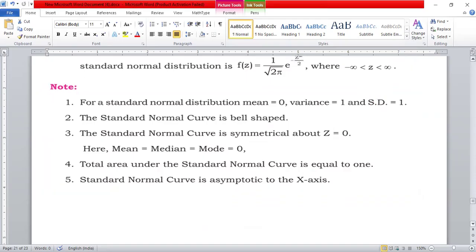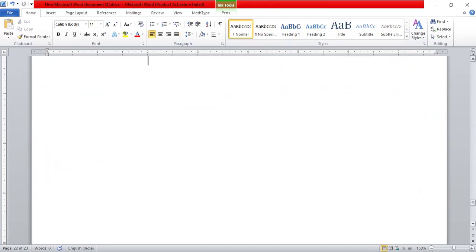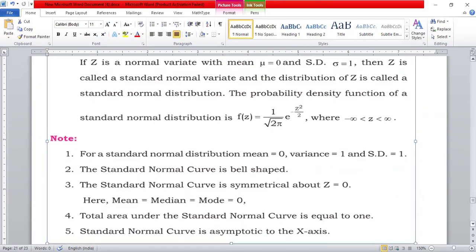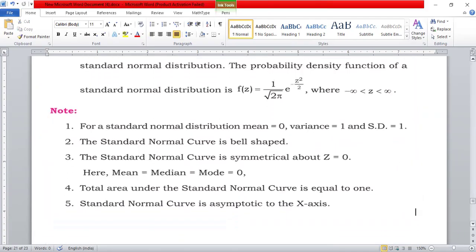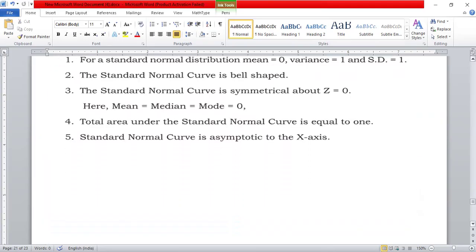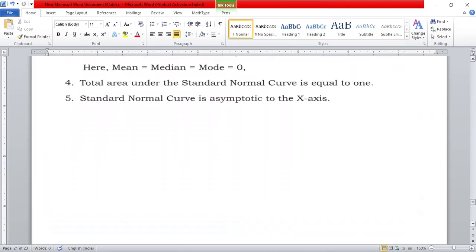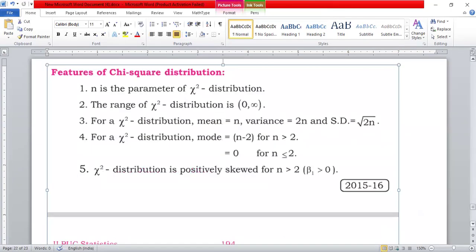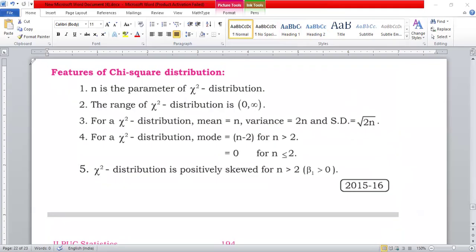Similarly, the next distribution is called the chi-square distribution. What do you mean by chi-square distribution? The square of the standard normal variable is nothing but the chi-square distribution. So what are the properties? Chi-square distribution properties.